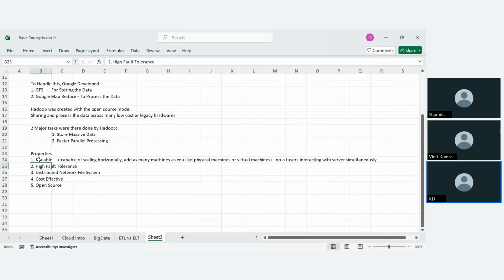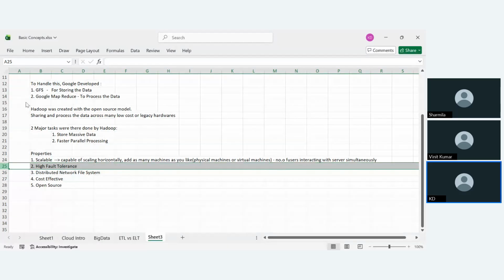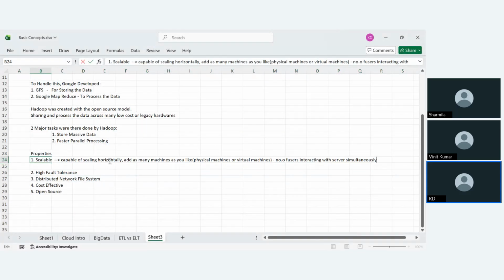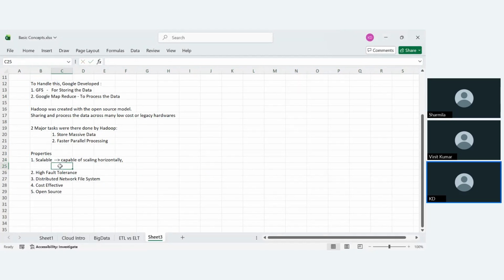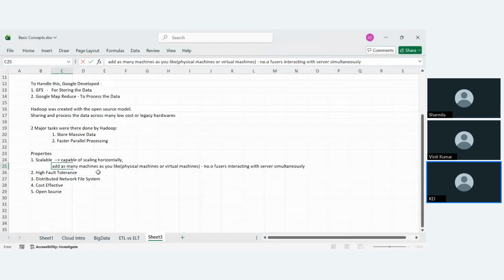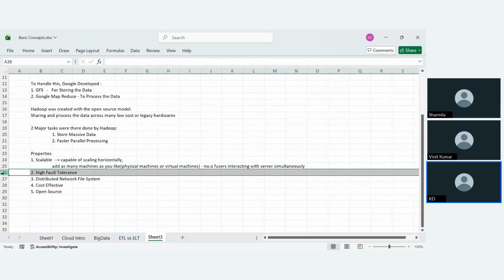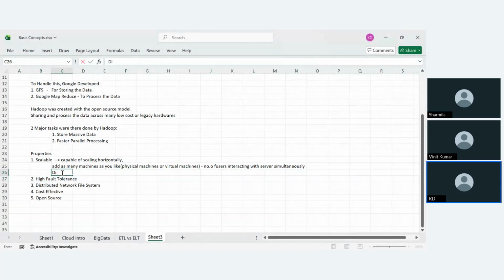With the help of this, you can scale the system. And the third thing is that, because of this, you can divide tasks as per data into more and more clusters.